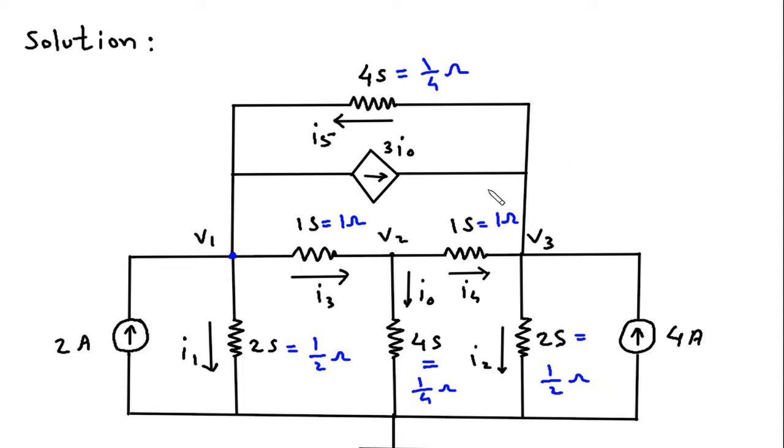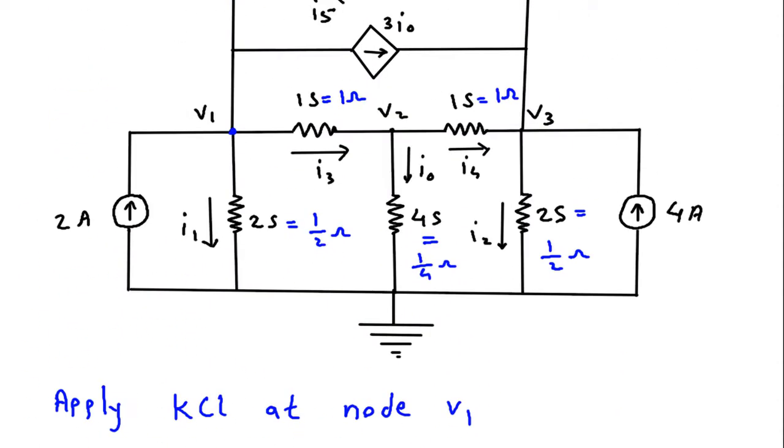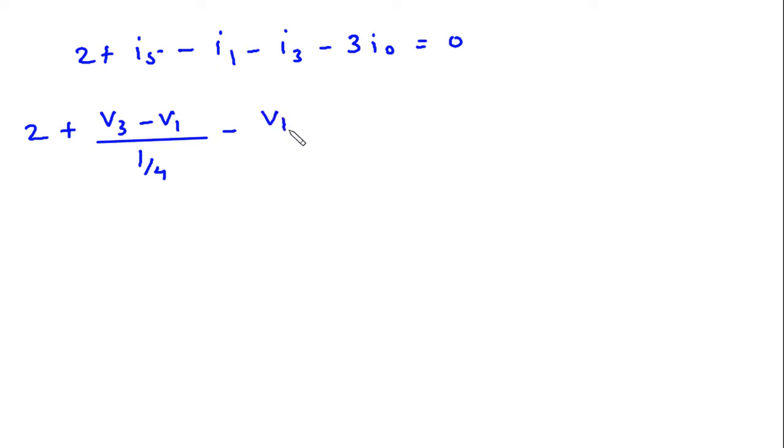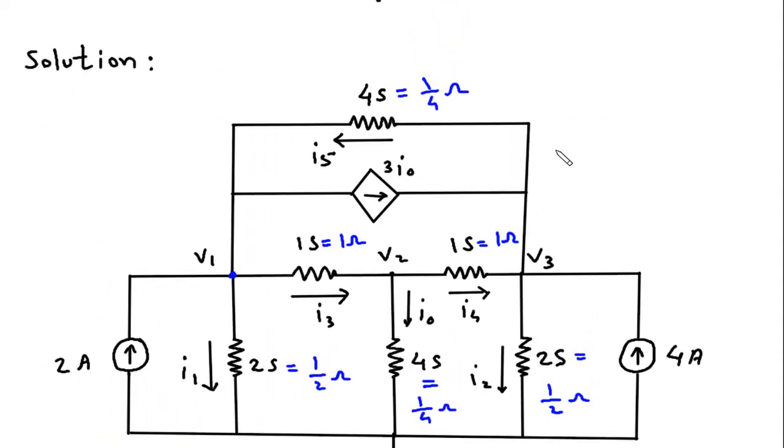So I5 is equal to V3 minus V1 by 1 by 4, minus I1. I1 is V1 minus 0 by 1 by 2, minus I3. I3 is V1 minus V2 by 1.